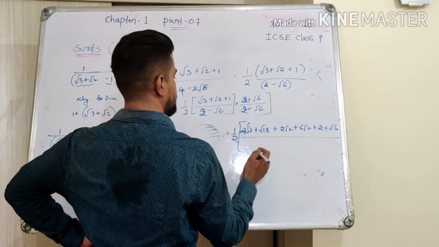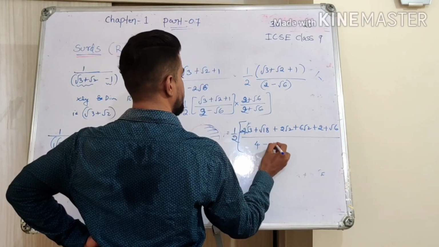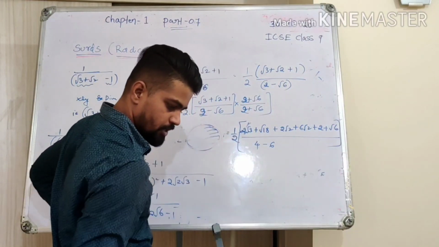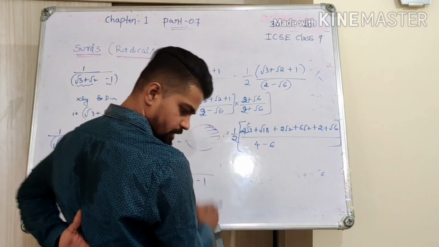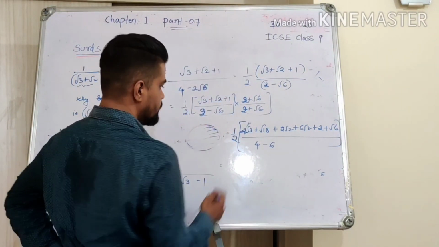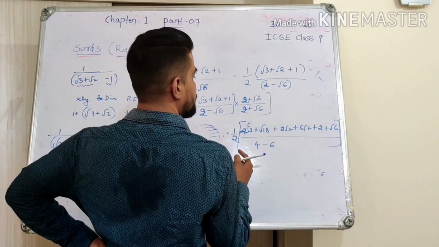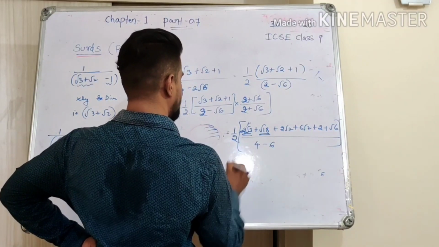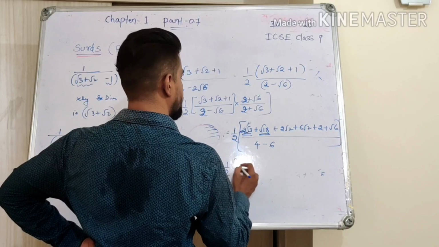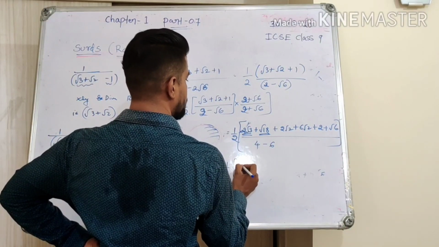Divide by, this will be very simple now, 4 minus 6 for us. So this will become 4 minus 6 when you multiply. So at the end we have to again simplify this part. So when you simplify this part, this is 2 root 3 and what about root 18? Root 18 is also 2 root 3. So do you understand that? That will be 3 root 2. Yeah.